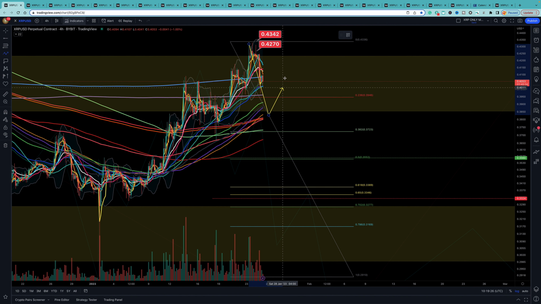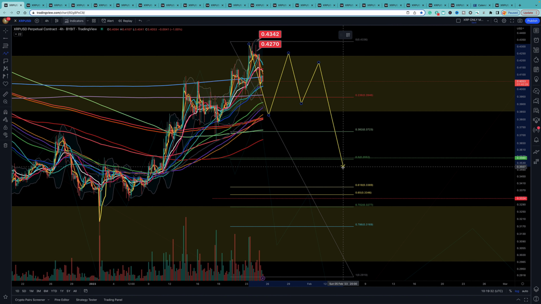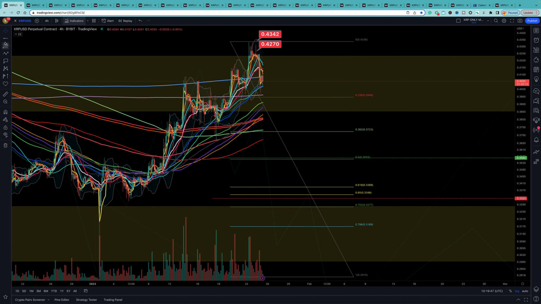So we might be getting something like this, and then you get the push down. If this happens, it's a stronger indication that the reversal is stronger, because it's consolidating and then does another leg down, breaking the 0.5.